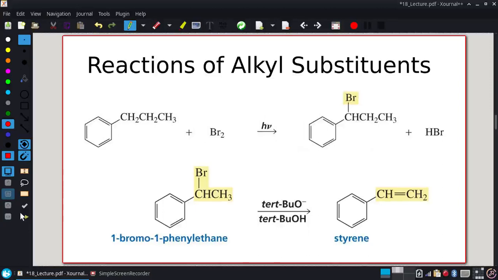So if I do bromine with light, I'm going to put a bromine on that location, and only that location. And I can easily do a substitution or an elimination on that. Eliminations are going to be very easy because they form that double bond that's conjugated to the benzene system.